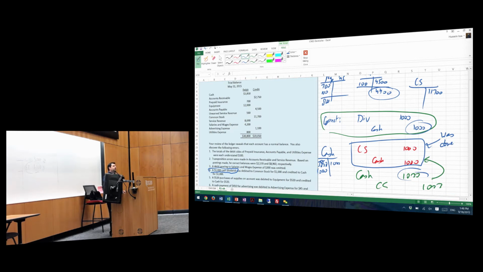So we did not do anything here. This is the correcting one. This is to offset the mistake. And this is the correct one. So now, which one did we actually enter as far as common stock is concerned?